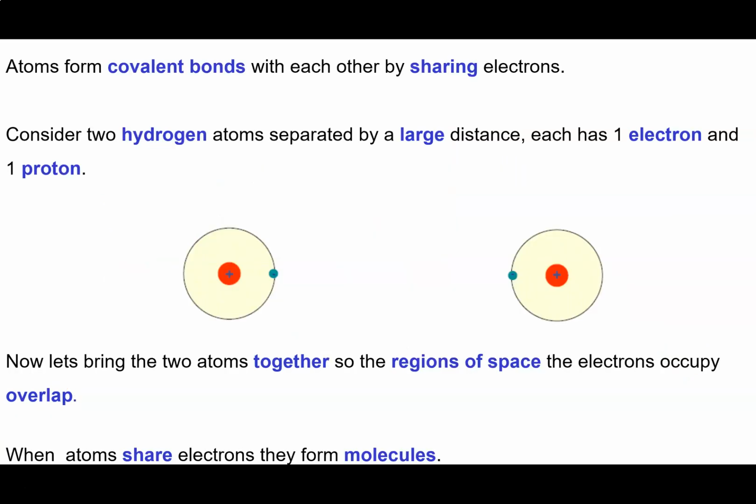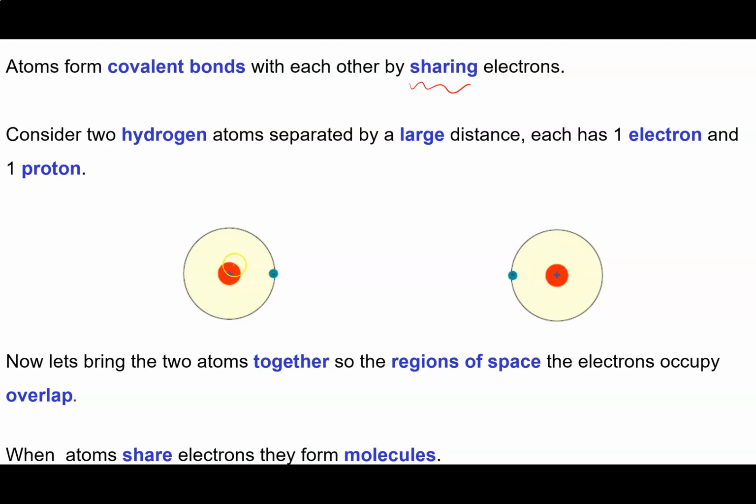So now we have to look at how this sharing of electrons occurs and how it helps atoms obtain a noble gas configuration. The simplest molecule to consider is that formed by two hydrogen atoms, because a hydrogen atom just has one proton and one electron. So if I have two hydrogen atoms that are separated by a large distance, neither of them will have a noble gas configuration.